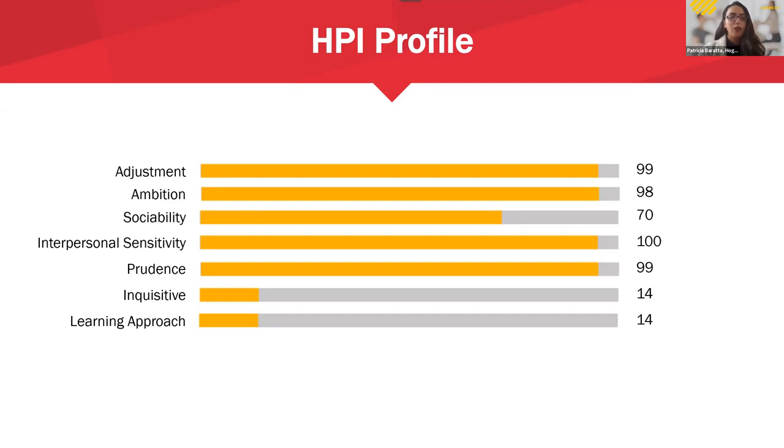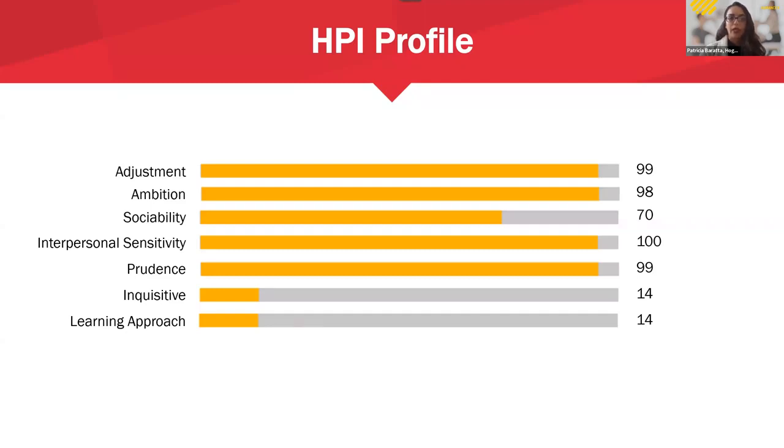Okay. We also notice high interpersonal sensitivity and sociability. So at first glance, that also makes sense to us. We see she's very collaborative. She likes to work alongside others. She's jumping in to mentor these summer articling students. So that makes sense. The high adjustment makes sense from what we saw: someone who works under pressure and delivers under tight deadlines.